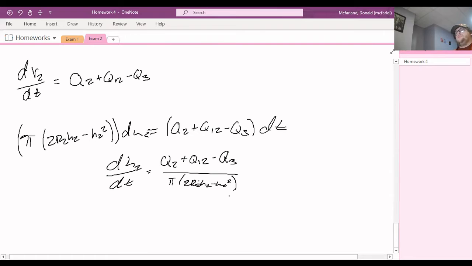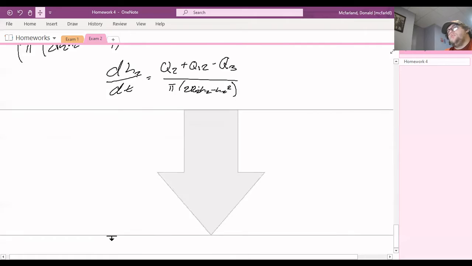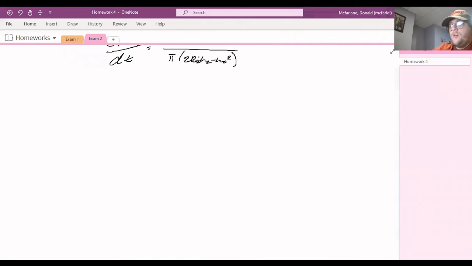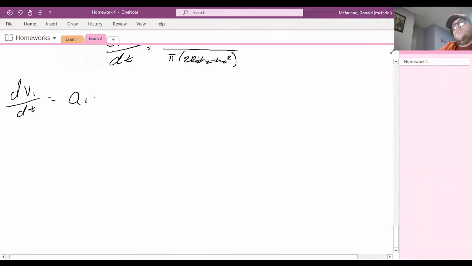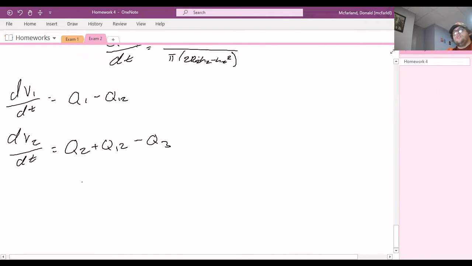All right. Now what I'm going to do is rewrite the equations we're going to need for our coding, which will be coming up later in this video. So our first equation we did was dV1/dt, which is just Q1 minus Q12. dV2/dt was Q2 plus Q12 minus Q3, the 2 inlets minus the 1 outlet.